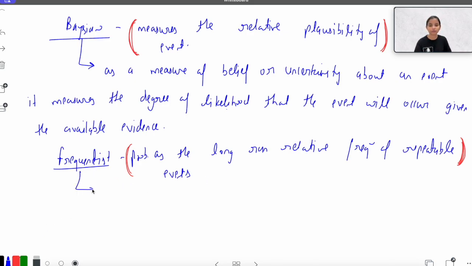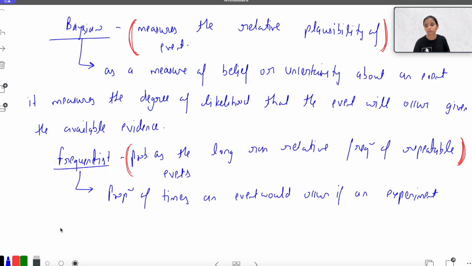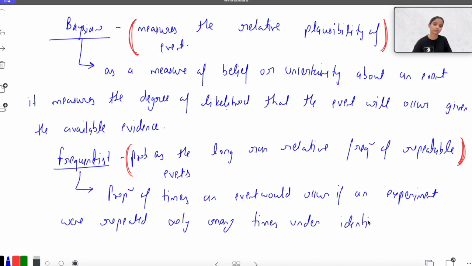If you want it to be more simplified, then the frequentist probability is basically the proportion of times an event would occur if an experiment were repeated infinitely many times under identical conditions.